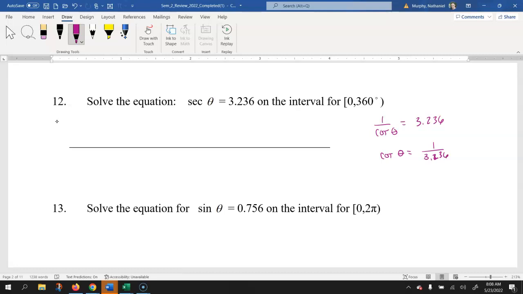So to find theta, we take the inverse cosine on both sides. And now when you do that on your calculator, you get your answer of 71.99 degrees.